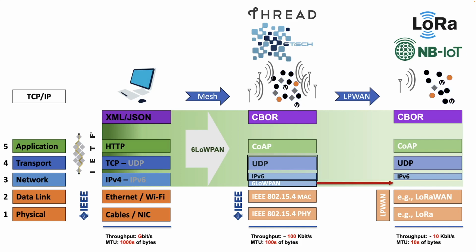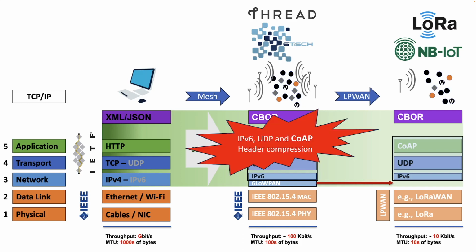Therefore, what was done was to extend the 6LoWPAN compression and fragmentation mechanisms that were previously designed for low power and lossy mesh networks to LPWAN technologies. More specifically, the idea was to further improve the header compression performance down to a few bytes, and in addition to IPv6 and UDP, to compress the CoAP header as well in order to enable MTUs in the order of tens of bytes.